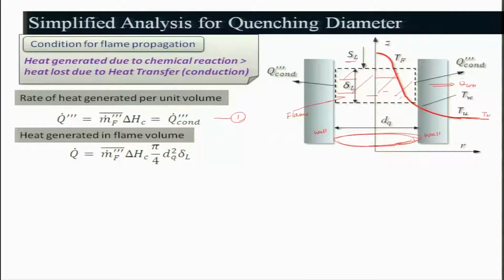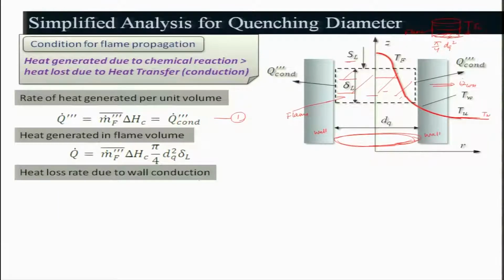This is pi by 4 d square, this area, into the delta L. If you look at it, this is my flame, this is the area pi by 4 dq square, and this is your delta L. This is the flame in which the reaction is residing; the rest of the things I am not considering, although there will be some losses, but we are not considering them in the flame volume.